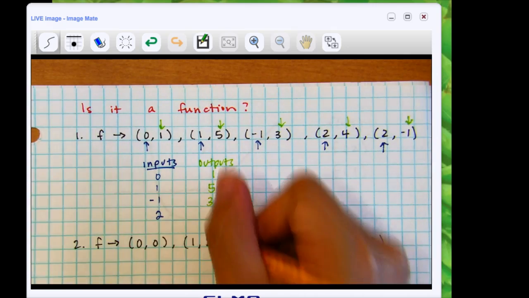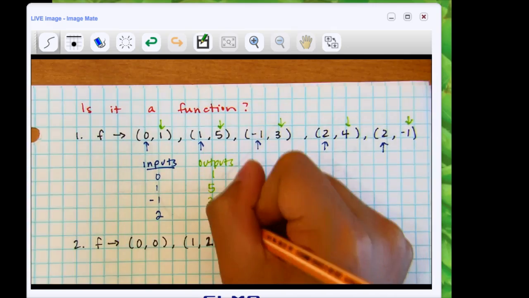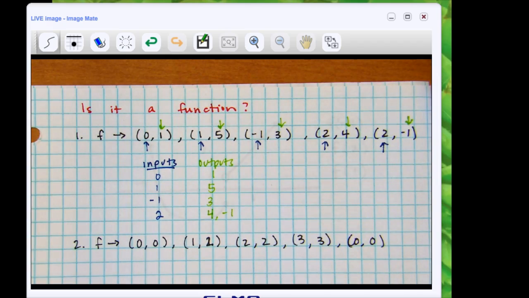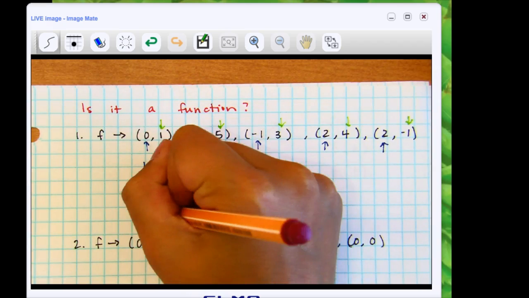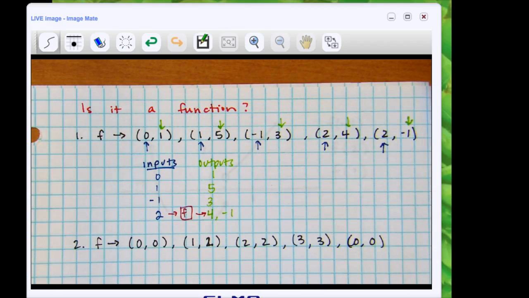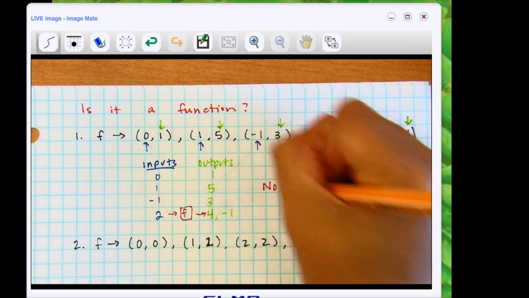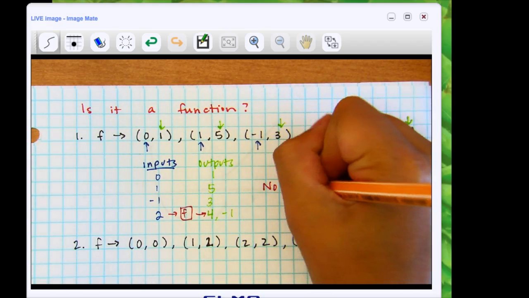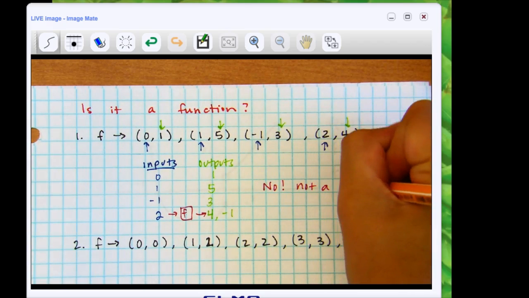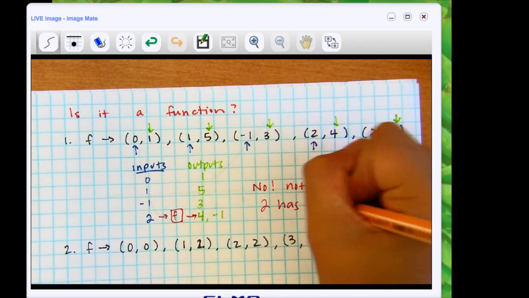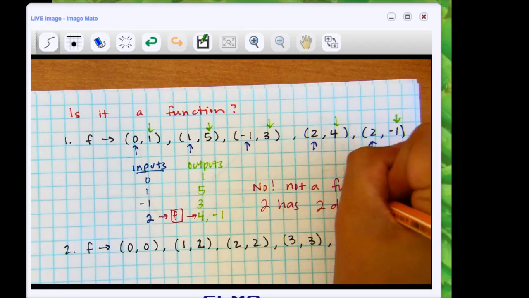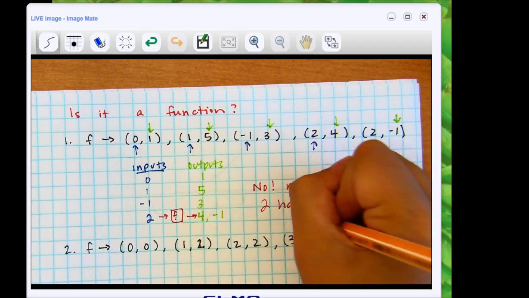And then for 2, I have both 4 and -1. So this is one of those scenarios where I'm inputting 2 into my function and I'm getting out 2 values. So this will not be a function because 2 has 2 different outputs.